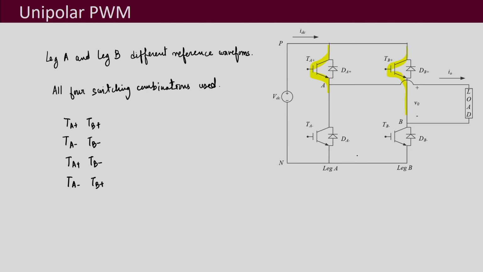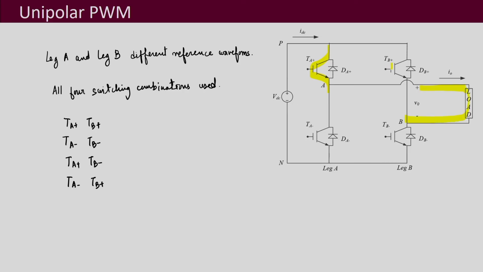And depending on that, what is the direction of the current that we have seen before, it depends on the direction of current. So, let us say your direction of current was positive and the upper switch of leg A and the upper switch of leg B was on. Now what we can see here is that the current has to flow like this.